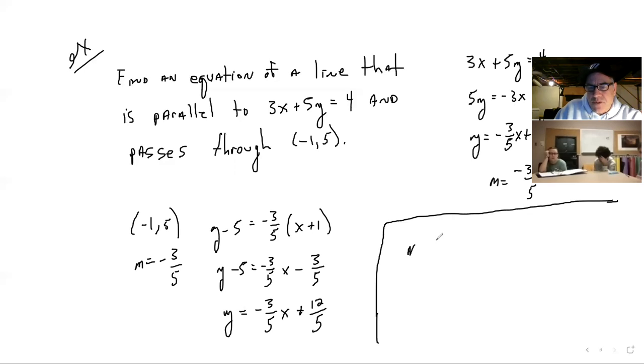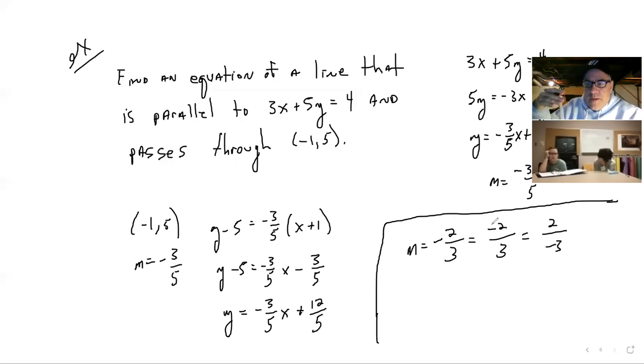So if I had a slope of -2/3, you could write that as -2/3 or 2/-3, interpreting it as a ratio of vertical and horizontal change. Every time you're on the line and move down 2, you would have to move to the right 3, and then you would hit another point on the line.